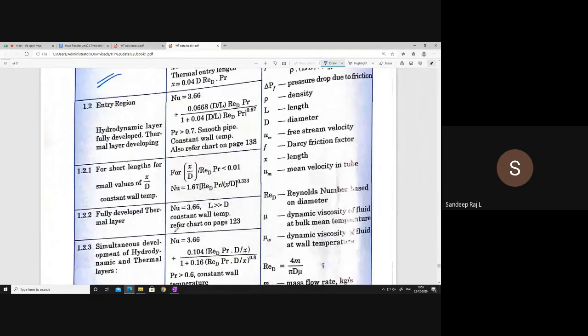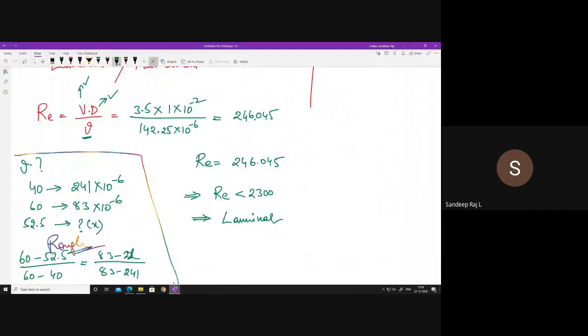See, here majorly in laminar, you will have two cases. Number one is the constant wall temperature case, and the other one is the constant heat flux case.